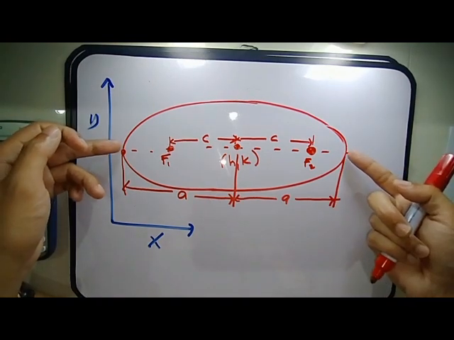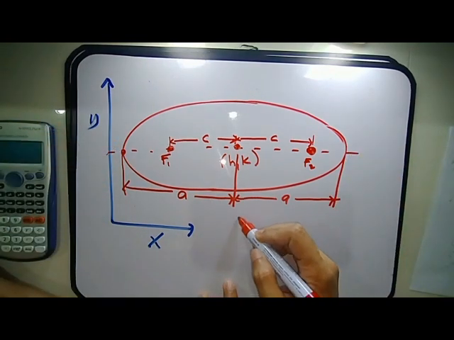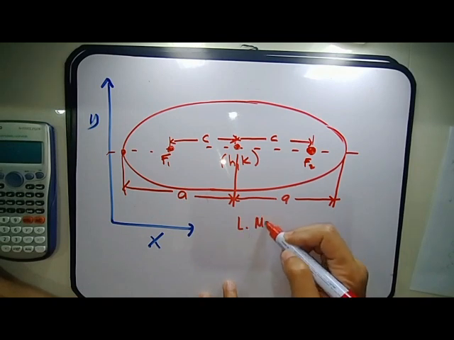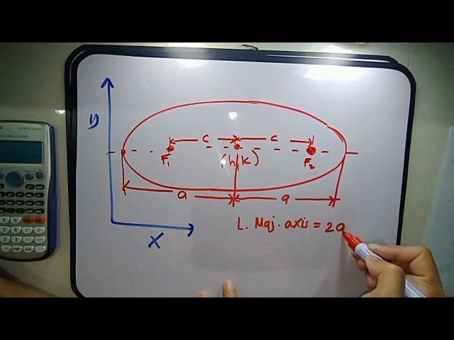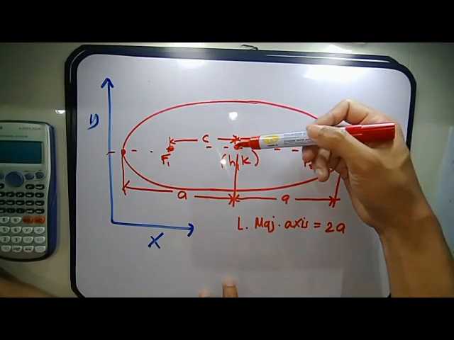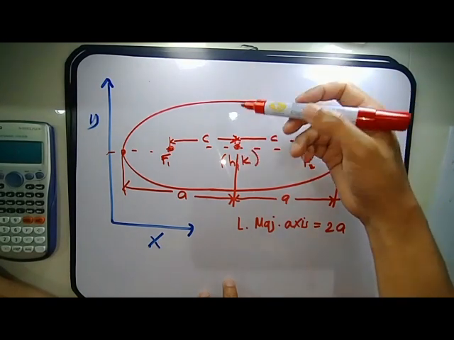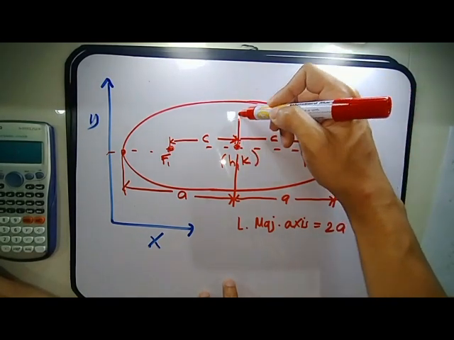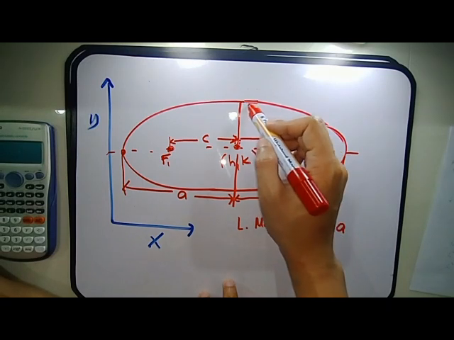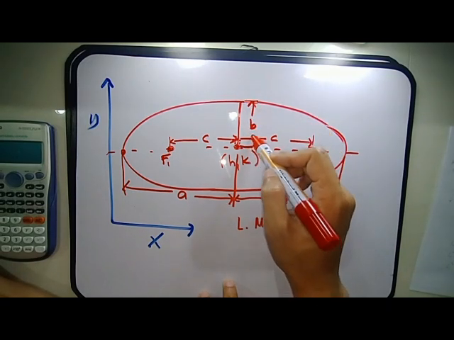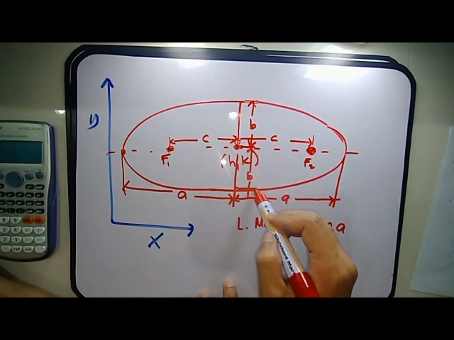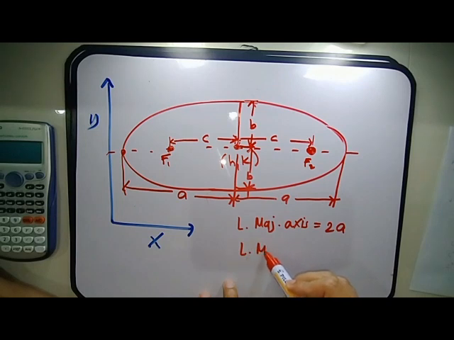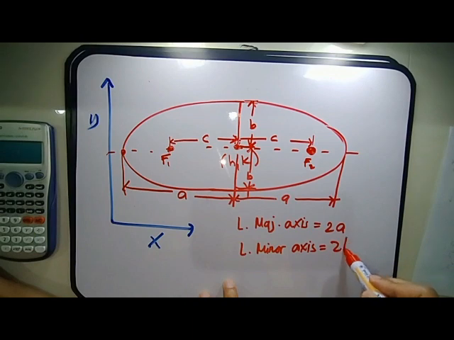So ito guys, ang tawag natin dito is major axis. So that is the length of major axis. So that is 2A. So yung minor axis natin guys, if we extend this center to the top naman, upward and downward, you have this distance B. Then the length of our minor axis is 2B.